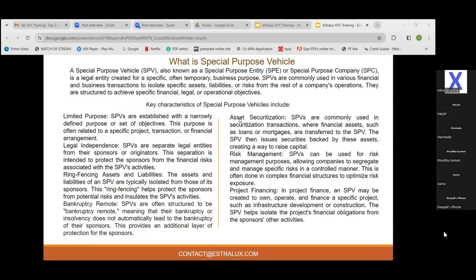Now, like I said for SPVs already, it is asset securitization, commonly used to move financial assets such as loans or mortgages to the SPV. Don't worry too much about how it is done. I'll just explain it simply. When they create a new entity, they can raise capital out of it. They can buy shares or do things like that.